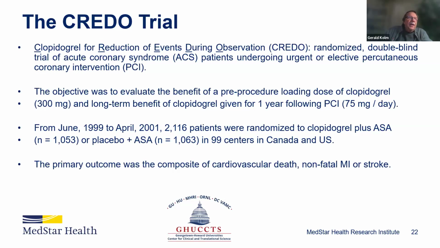There were 1,053 in the clopidogrel group and 1,063 in the placebo group. And it was a multi-center study. And so in this trial, the primary outcome was a composite of cardiovascular death, non-fatal MI, or non-fatal stroke.